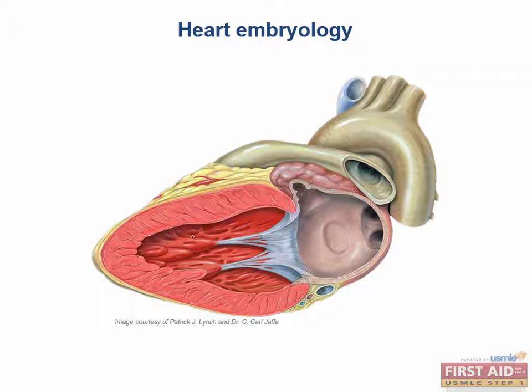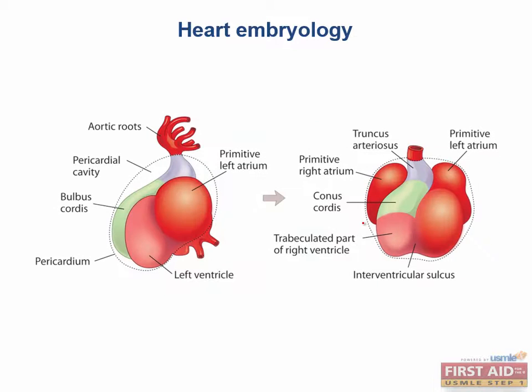Now the smooth parts of the atrium, you see that looks very smooth, are formed by structures that are going to be dumping blood into the atria. And this is the right horn of the sinus venosus and the primitive pulmonary vein. So also on this image, you can appreciate how the ventricle is going to swing around to become more anterior to the atrium, and the atrium will swing back towards the posterior side of the heart.